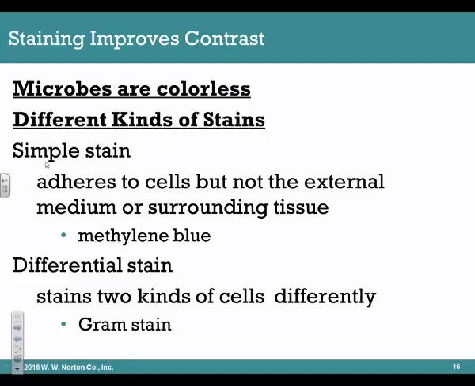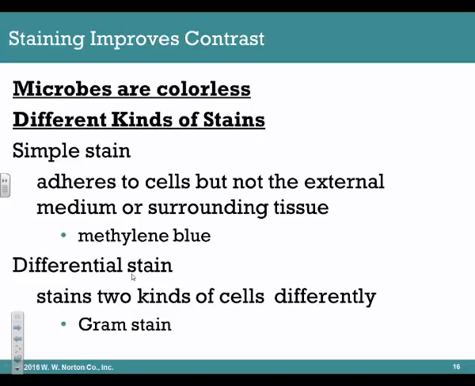So you can do that by just simply adding a stain, washing, and viewing the bacteria, or in the case of the gram stain, which we'll be doing, you can use more than one stain to see how it behaves differently in different kinds of organisms.